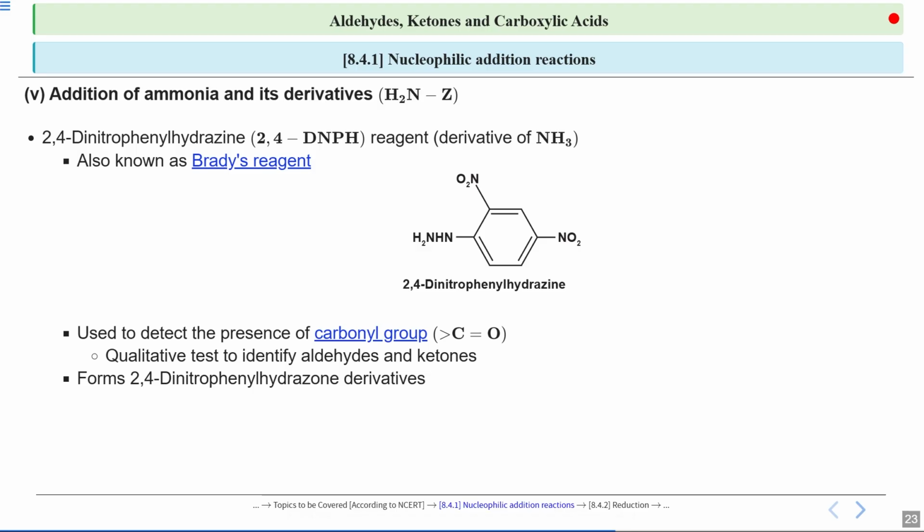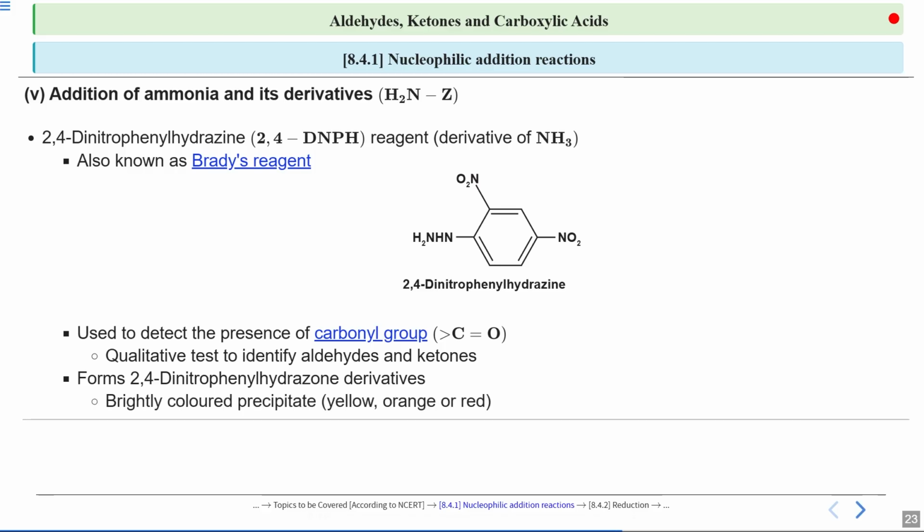What it forms? Hydrazone derivatives, okay? These derivatives are solid compounds that precipitate out of the solution. So a precipitate is formed which is brightly colored, ranging from yellow, orange or red, which makes it easier to observe.